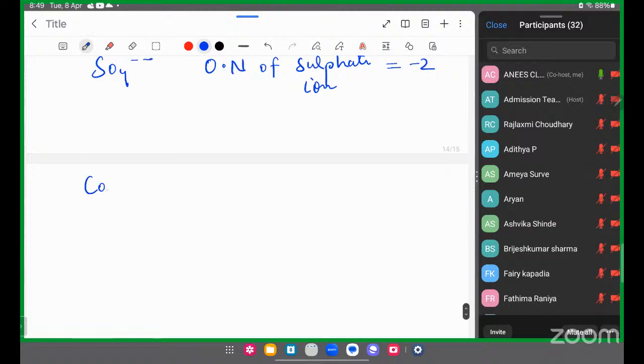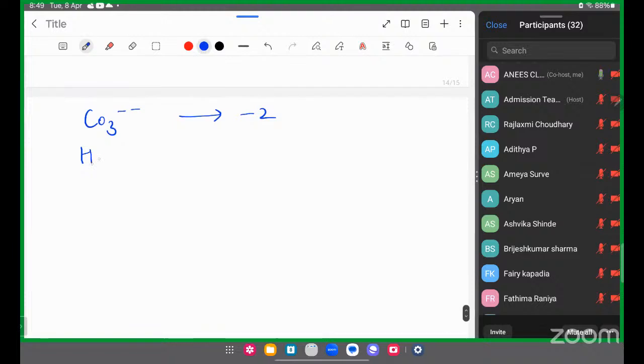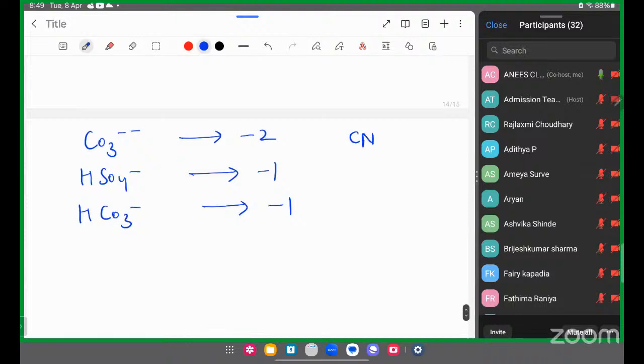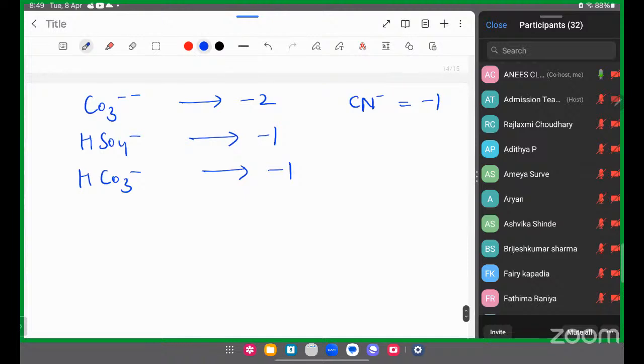Similarly, for carbonate ion, this will be -2. For hydrogen sulfate ion, this will be -1. For hydrogen carbonate ion, this will be -1. For CN-, this will be -1. Are you getting it?